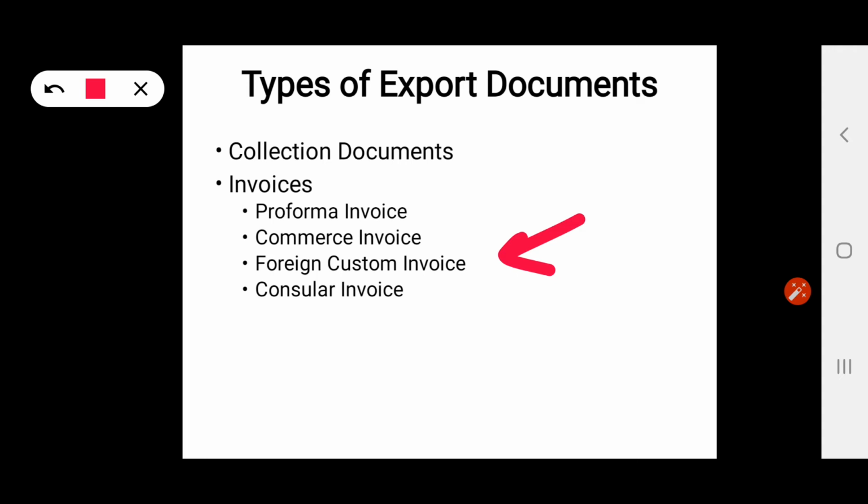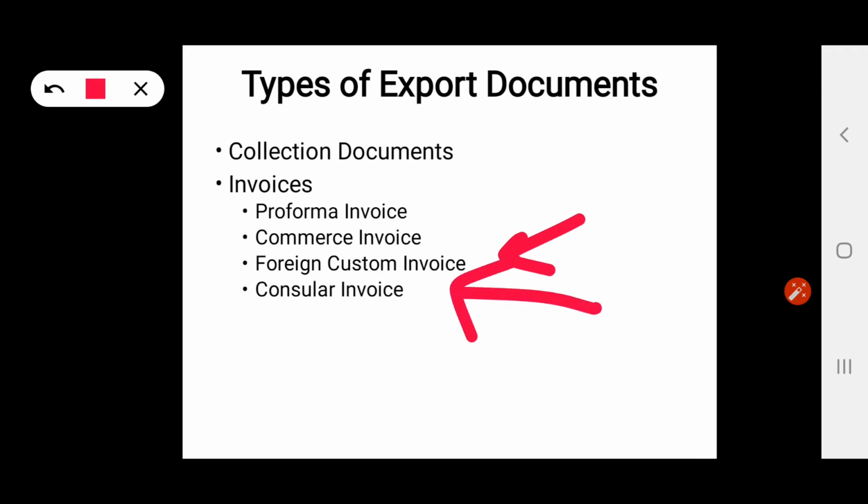Therefore, a special format invoice is required for such countries, for the purpose of or in the place of the commercial invoice. In such places, the exporters may submit these foreign custom invoices.